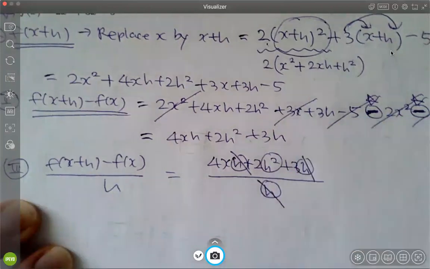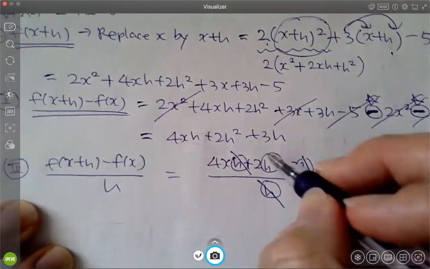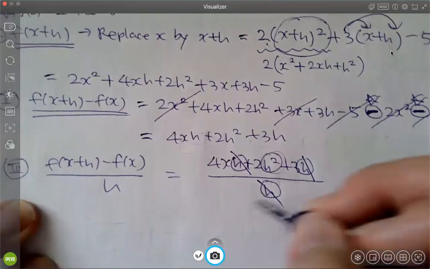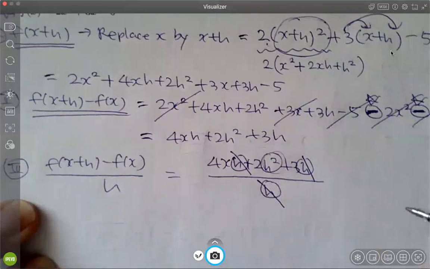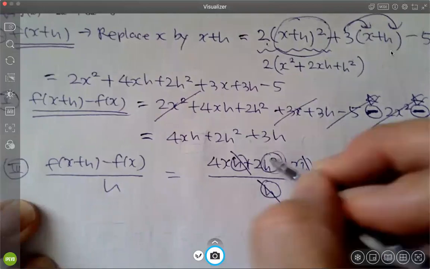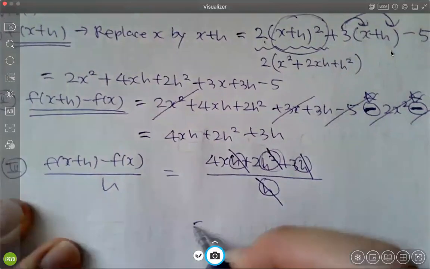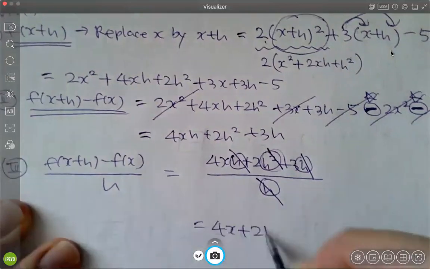And now, what happens to this h squared? Is the entire h squared gone? It would just be 2h, right? Right? So only one of them is gone, right? Okay, so it's 4x plus 2h and then plus 3.